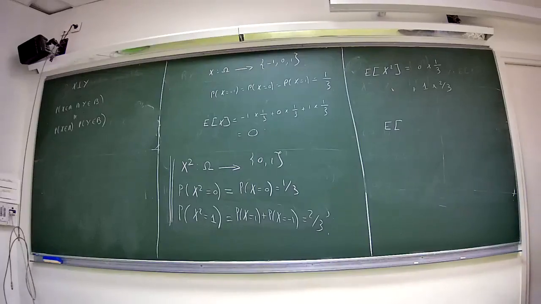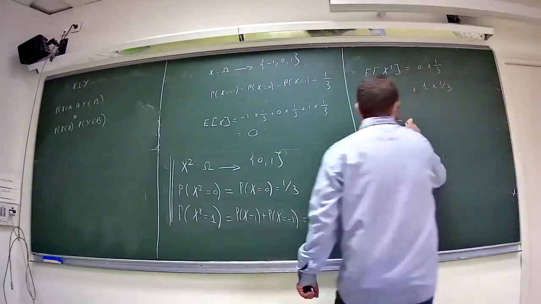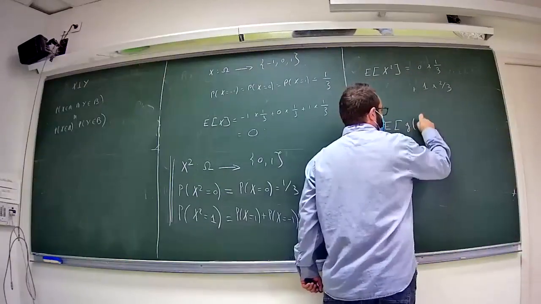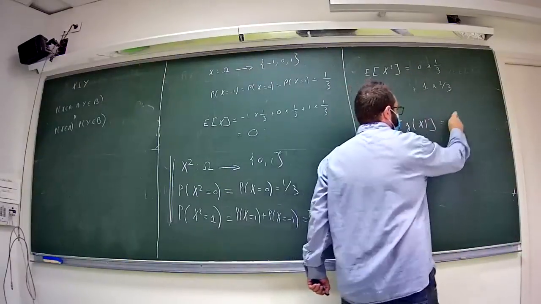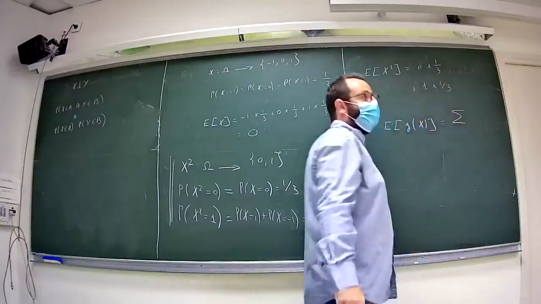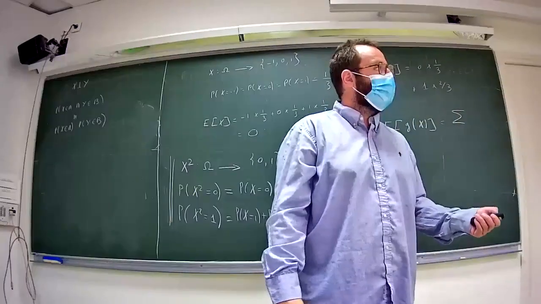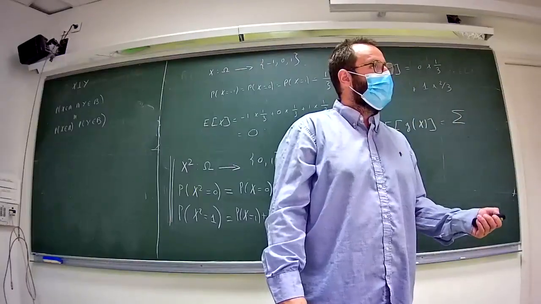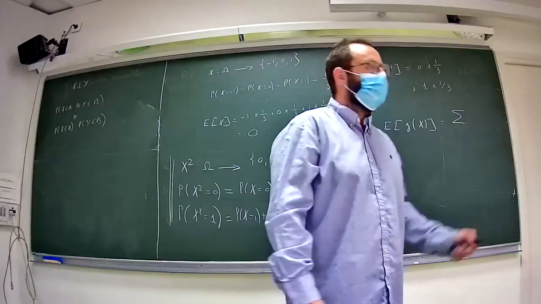Here, in order to compute the expectation of X squared, I computed the distribution of X squared. It's not necessary. I can pass directly from this one to this one through this formula. This formula tells me that the expectation of a function of X is like the expectation; the only thing that changes is that I change x_i into g of x_i.